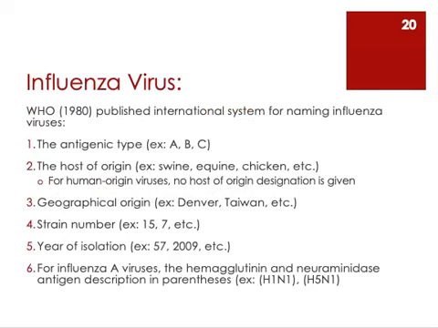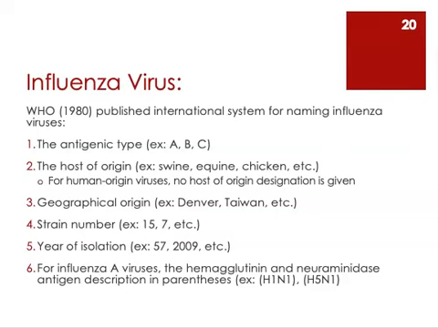Back in 1980, the World Health Organization came up with a system for naming influenza that was shared with the entire globe. And this is the system that we all use now. It's a very complex naming system, though, and it can be very confusing to people.